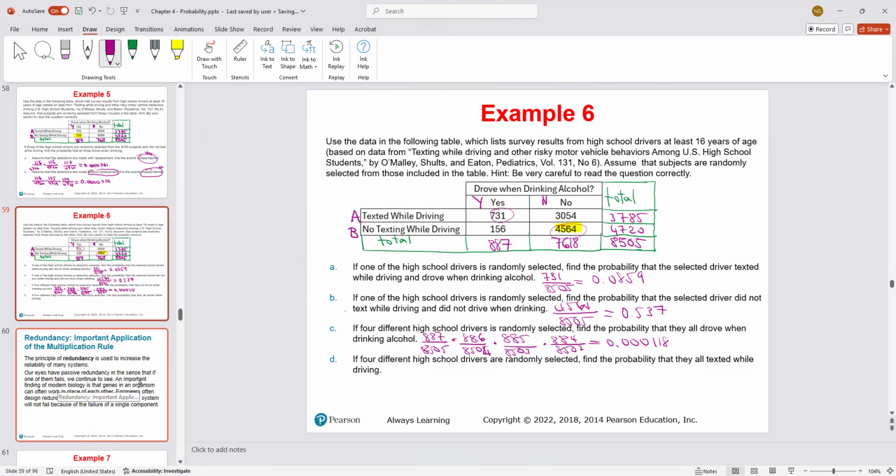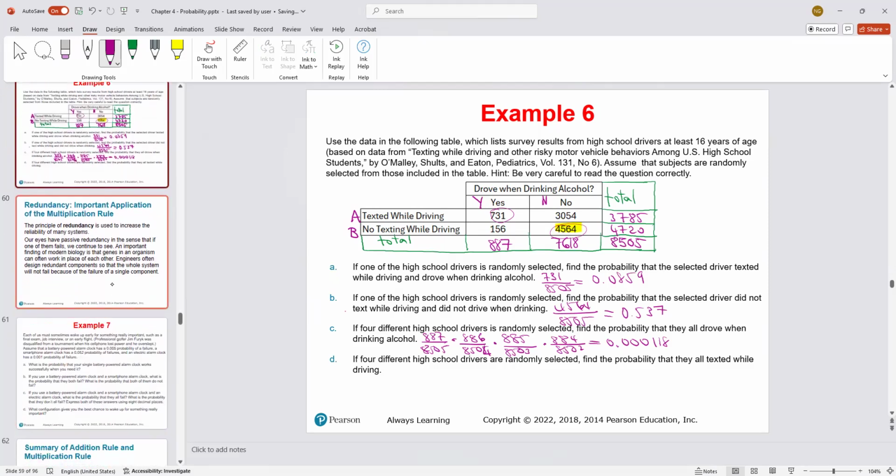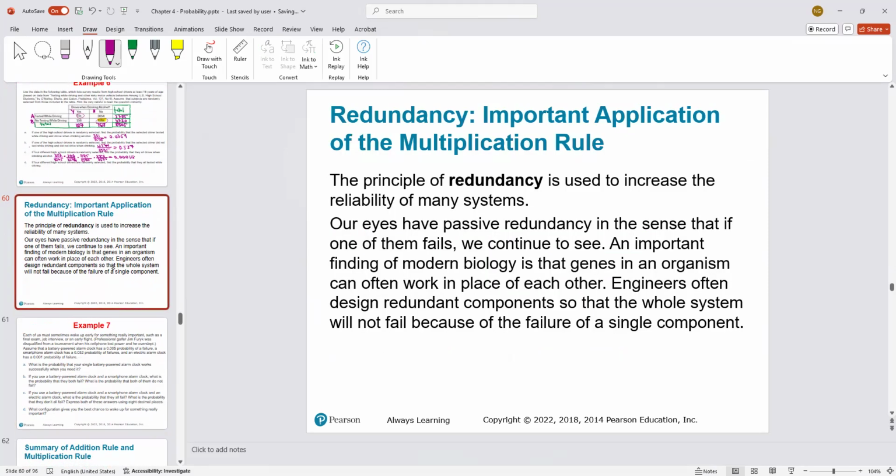Very important. Now, let's do something very simple about redundancy, because that's something else we need to address very quickly. We said that the principle of redundancy is used to increase the reliability of many systems. Our eyes have perceived redundancy in the sense that if one of them fails, we continue to see.